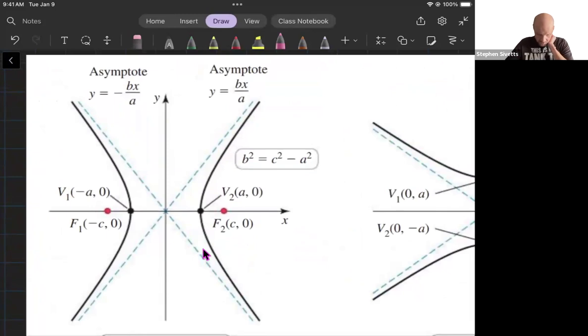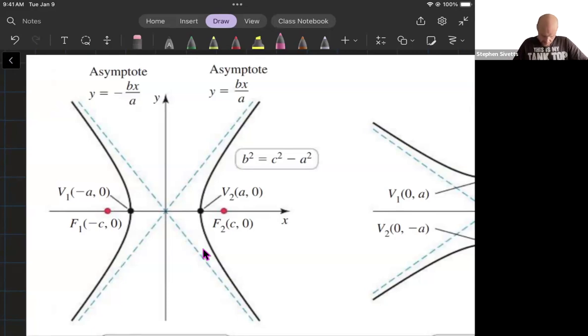What's going to be interesting about this conic section is that they're going to generate asymptotes. And the foci are going to be points outside of the hyperbola, right? So they are inverted ellipses, essentially, right?